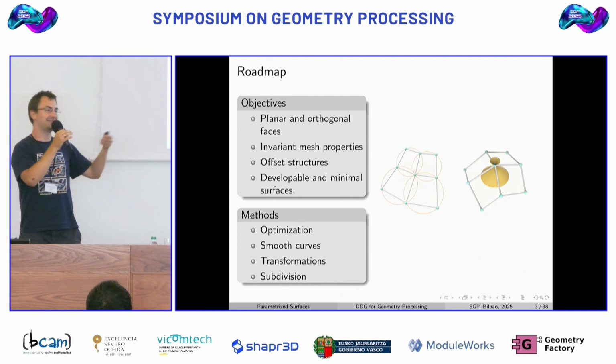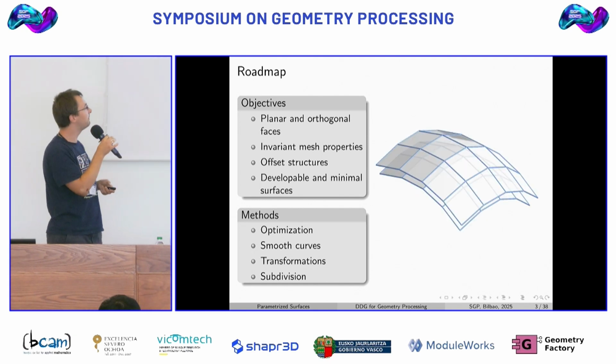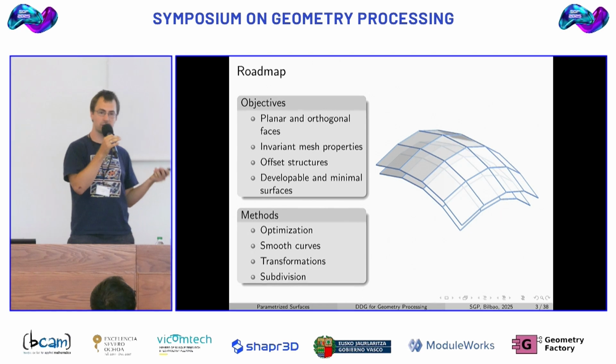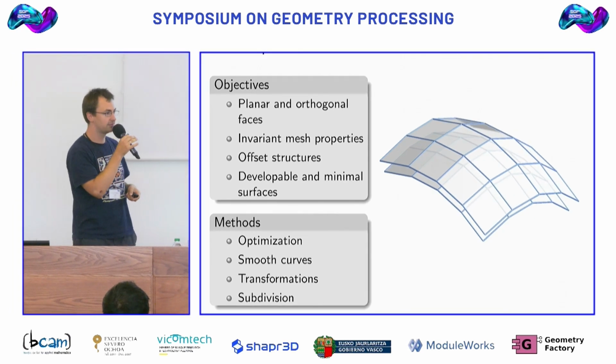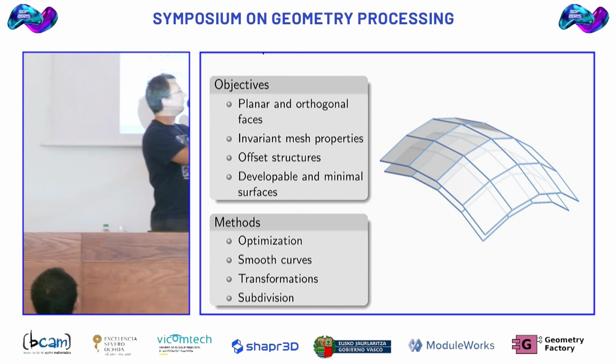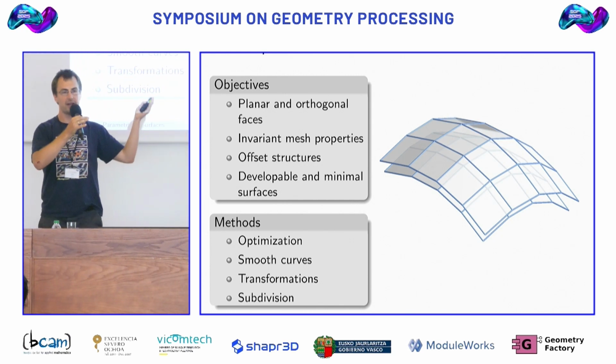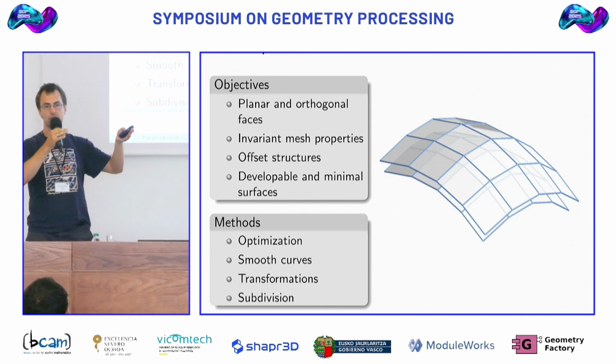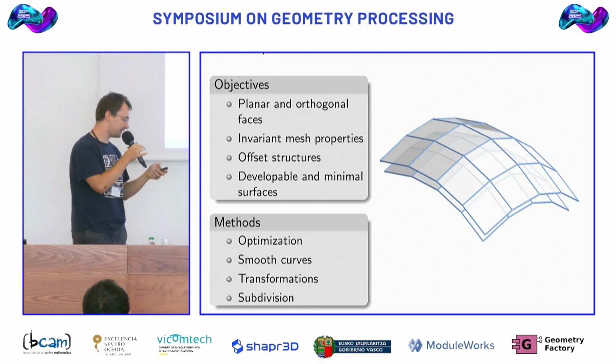Another, for us, interesting mesh feature can be a relation to offset structures. So say you want a mesh with planar faces, and then you offset it along the normal direction, and the offset mesh should still have planar faces.